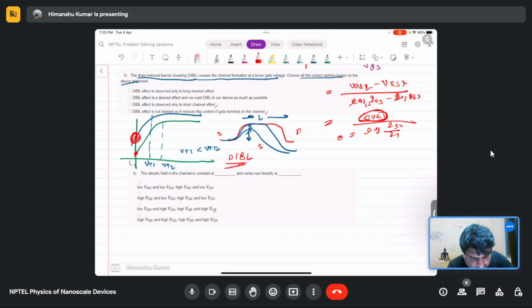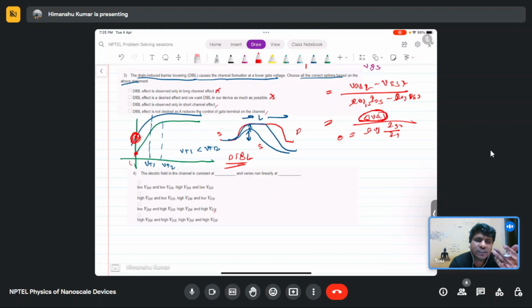DIBL is observed in the long channel MOSFET. This is the wrong option. DIBL is observed in the short channel MOSFET. DIBL effect is a desired effect, and we want DIBL in our device as much as possible. No, we want to reduce DIBL as much as possible, either using the tri-gate MOSFET, or gate all around, or this nanosheet kind of MOSFET.